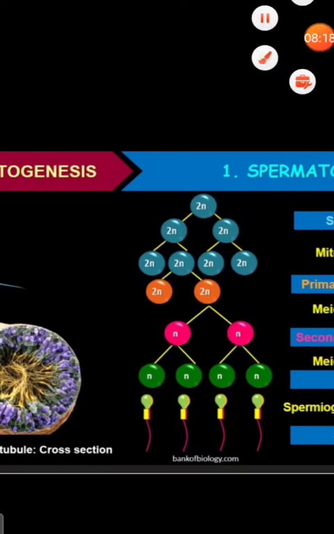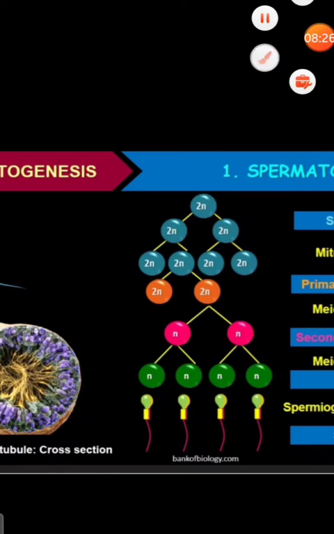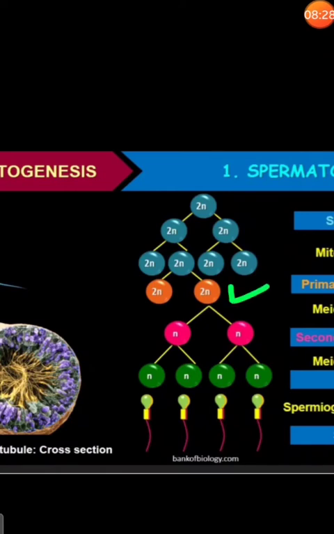Here you can see. First the sperm mother cell, what will it undergo? Mitosis. So it is undergoing mitosis to produce 2n only, because mitosis will not reduce the number of chromosomes. One 2n cell will produce a 2n cell.